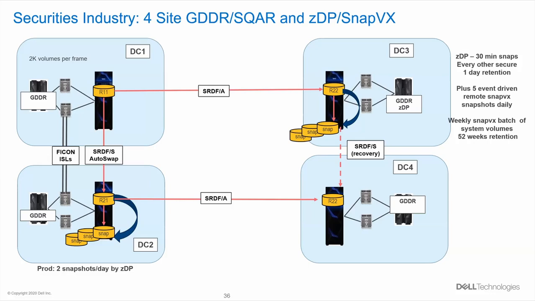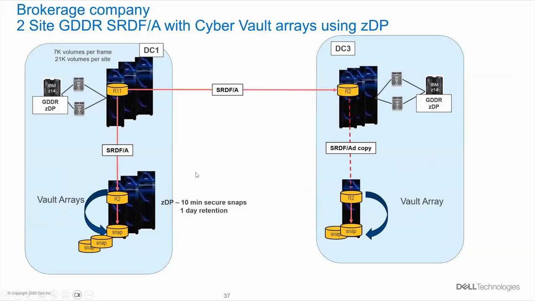And then they also do some manual batch SnapVX batch job captures of individual volumes on a daily basis, and then they hold those for a year. So there's a couple of different ways you can do it. This customer is doing it with a mix of ZDP and the SnapVX batch utility. But again, another 4-site environment example.